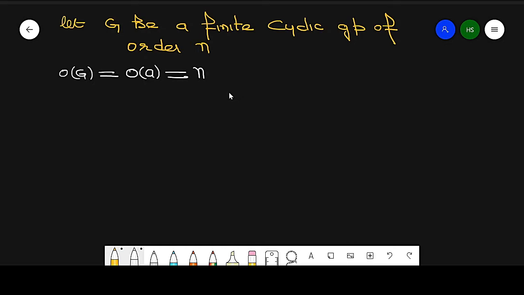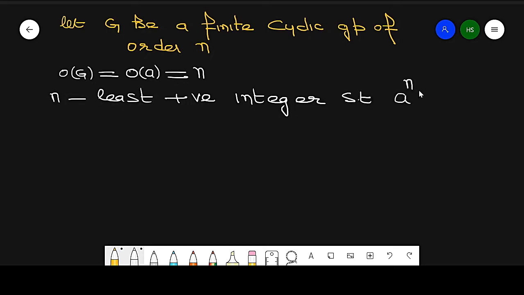By the definition of order, n is the least positive integer such that a raised to power n is equal to identity. So remember the definition of the order of a.